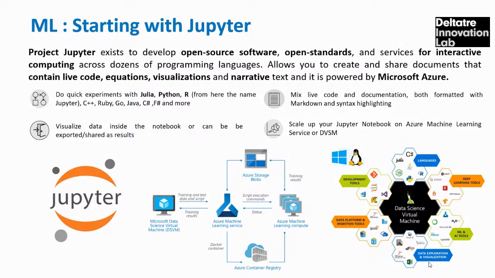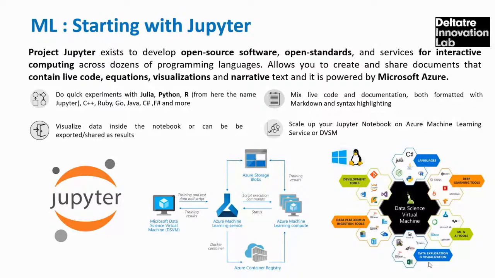in different languages. For example, Java, Go, Ruby, and so on. This framework, this platform, you can use on your desktop, on your cloud computing. In particular, today we use this platform on Microsoft Azure. Microsoft Azure offers different types of services to host Jupyter.